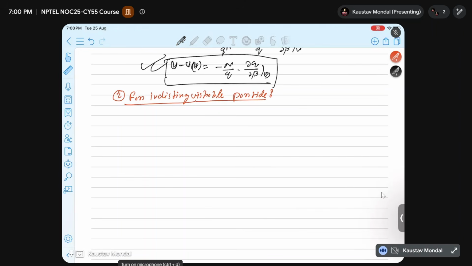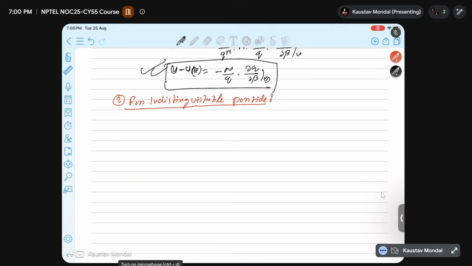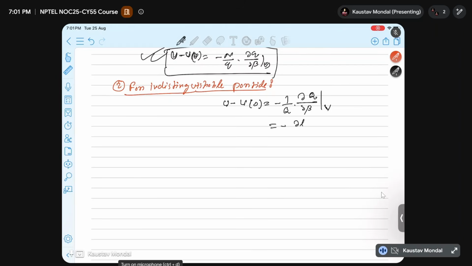So for indistinguishable particles, we know it is 1 by Q del Q by del beta at constant volume, minus del ln Q by del beta at constant volume, U minus U0. Now this is for indistinguishable particles.